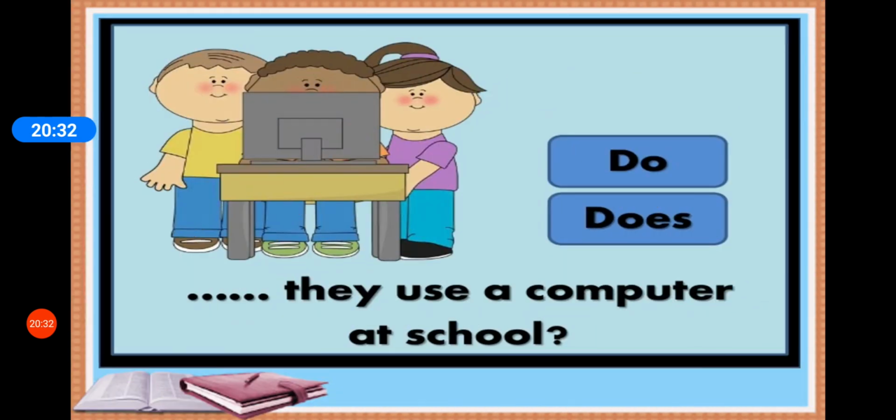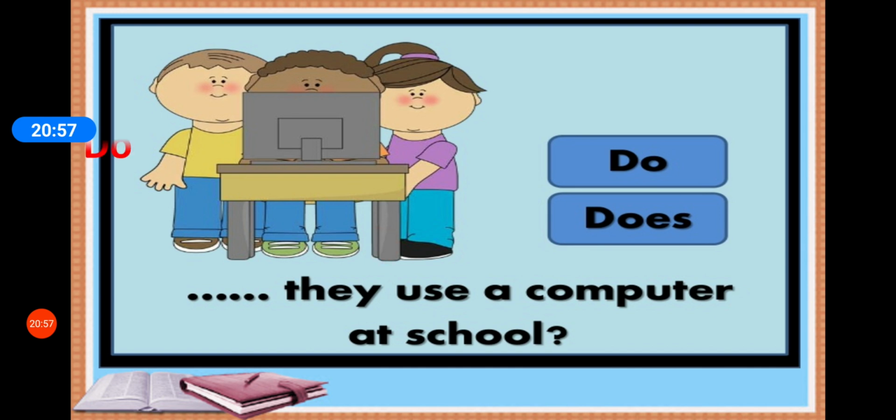Next one. Dash they use a computer at school. Do they use a computer at school? Or does they use a computer at school? Now children, again, I, we, you, they and plural nouns? Yes. We make use of do.